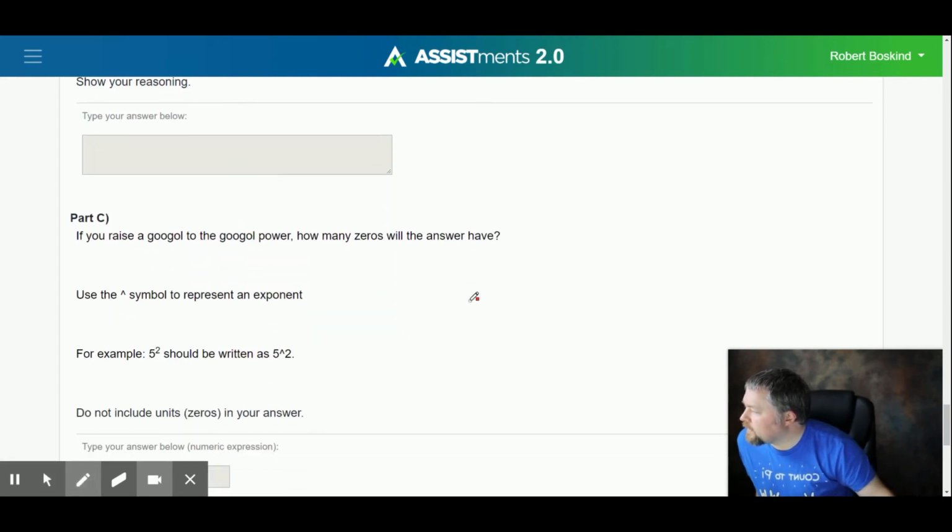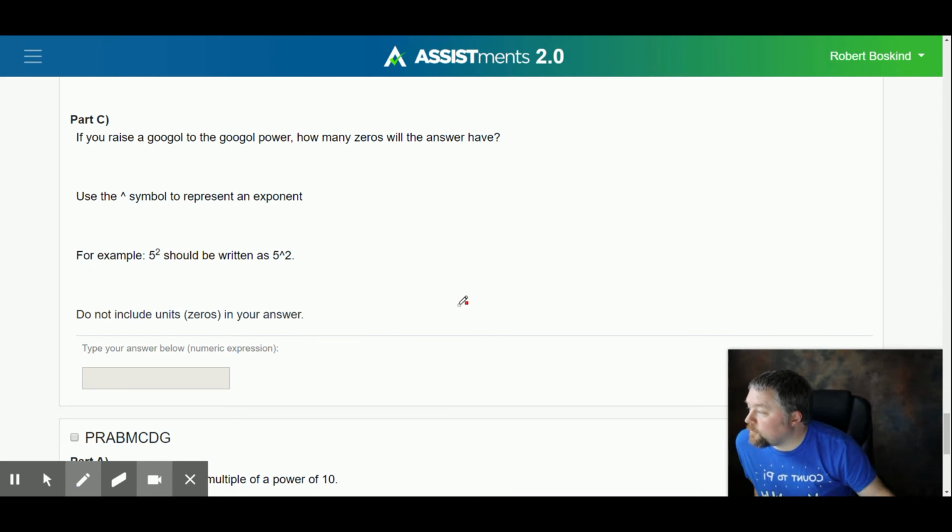Now, if you raise a Google to a Google power, how many zeros will the answer have?